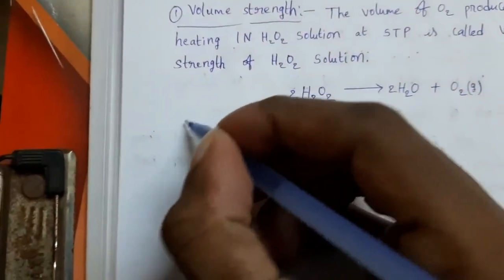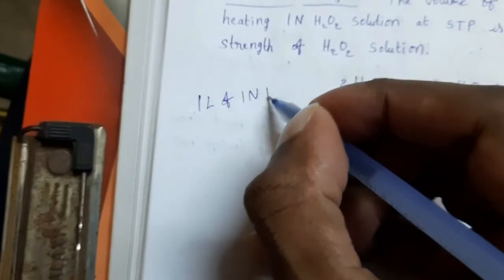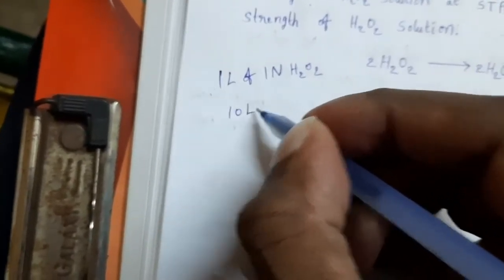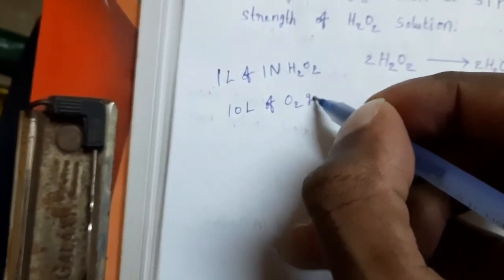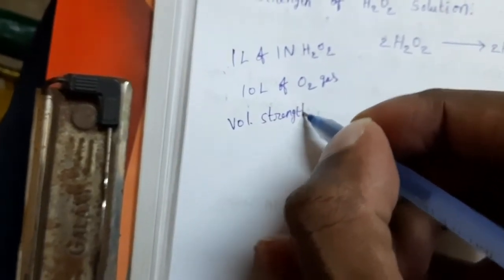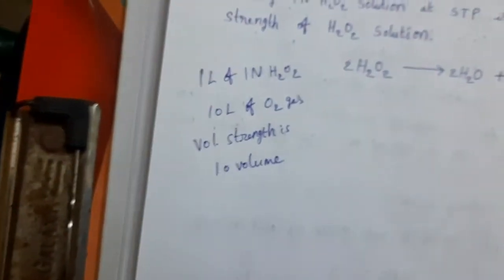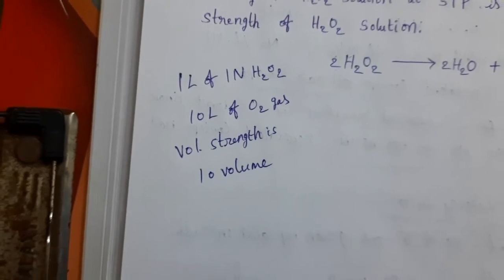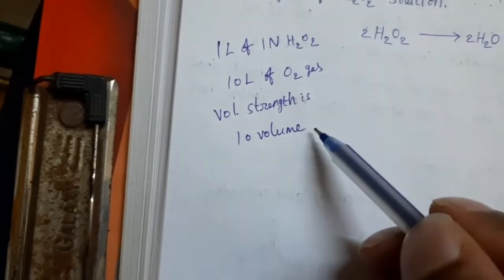For example, 1 liter of one normal H2O2 solution is heated. Then if we get 10 liters of O2 gas, then volume strength is 10 volume. 1 liter of one normal H2O2 on heating produces 10 liters of O2 gas, volume strength is 10 volume.